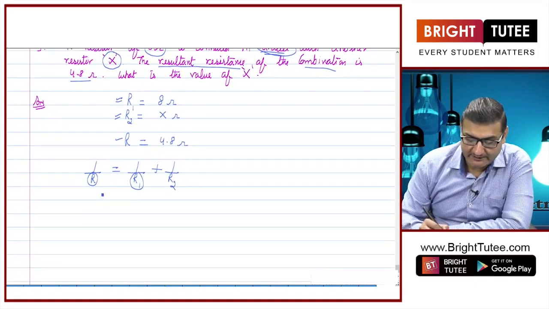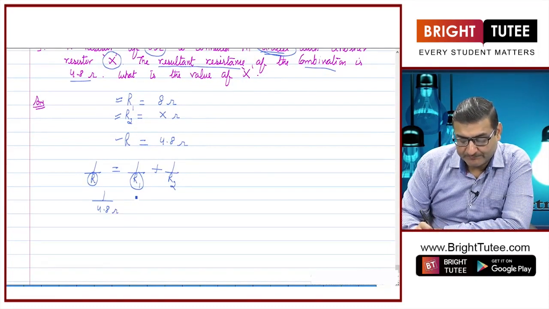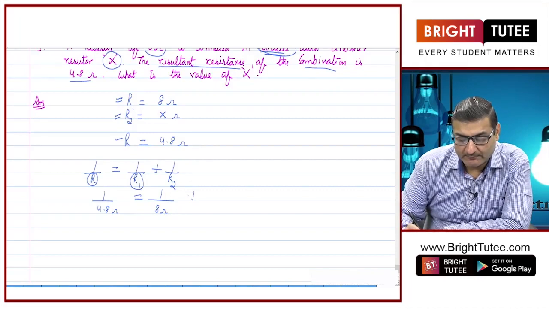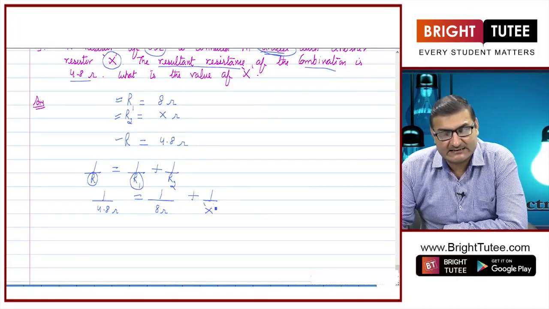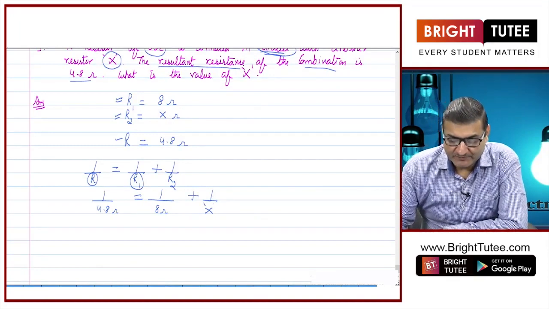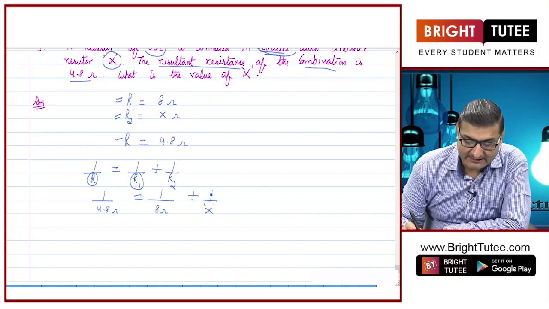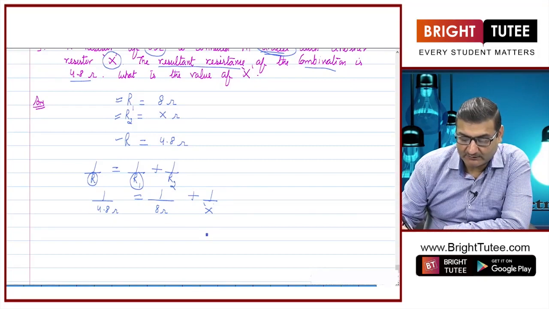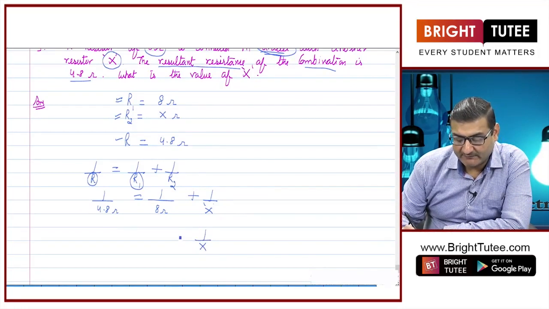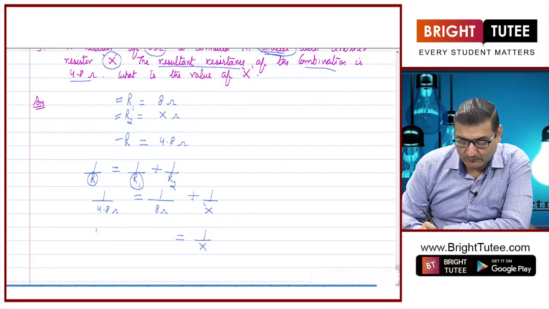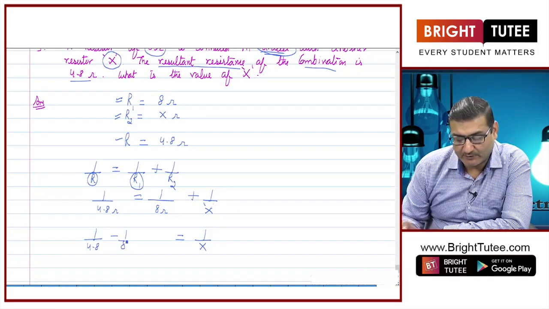Putting the values over here, I will just write 1 upon 4.8 ohms is equal to 1 upon 8 ohms plus 1 upon R2, which I don't know, so I am just putting the value to be x itself. Keeping 1 by x here and taking the other term to the opposite end, I will get 1 by x is equal to 1 upon 4.8 minus 1 upon 8.